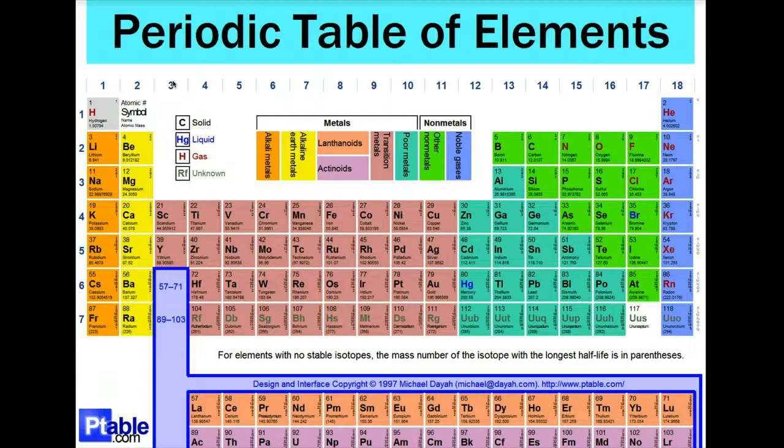We're going to talk about how we go about putting them and why we go about putting them in the correct row and column. So let's start off with the first element on the periodic table. That's period 1, and periods are called the rows that go across, and groups are the columns that go up and down.